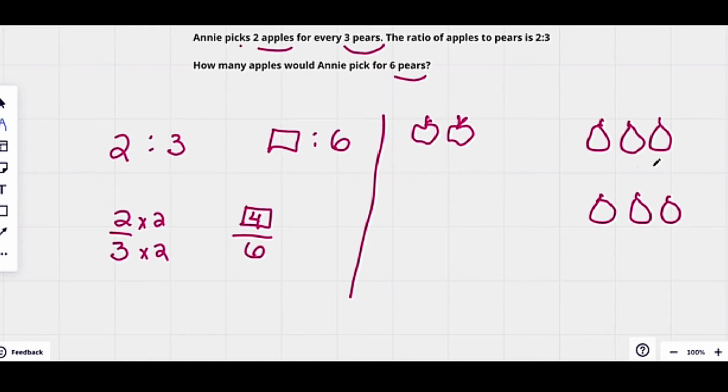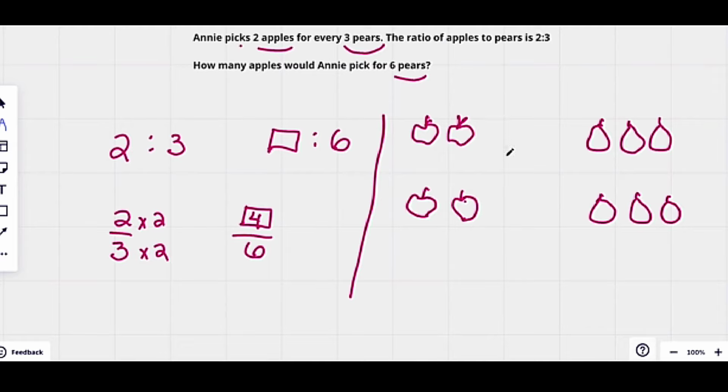So we have for 3 pears, we get 2 apples. Now we have another 3 pears so that we have 6 in total. We're missing how many more apples? 2 apples. Because every time we have 3 pears, we get 2 apples. And so we're adding 3 more pears, we need to add 2 more apples. All right.